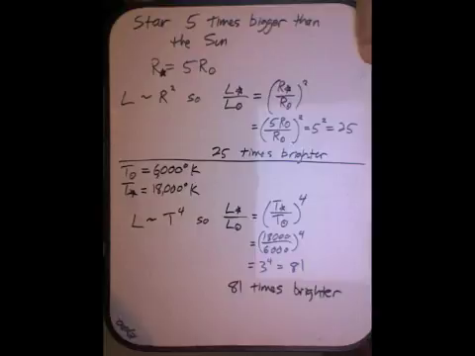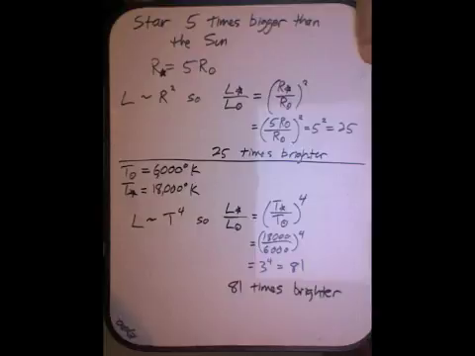Well, because luminosity is proportional to the radius squared, the ratio of luminosities is going to be the ratio of the sizes, or radii, squared. So the ratio is the radius of the star divided by the radius of the sun. That's 5 sun radii divided by the sun's radius. Our suns cancel, and we just have 5 squared, which is 25. So this star, 5 times bigger than the sun, is 25 times brighter.